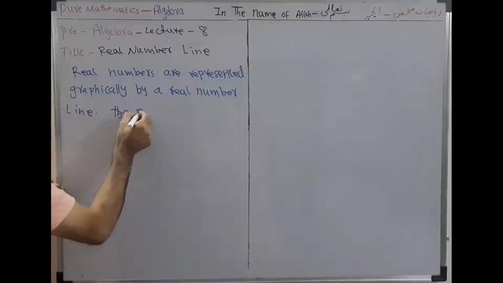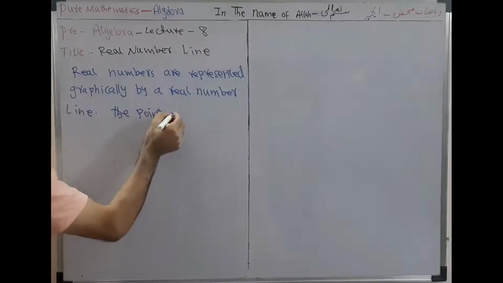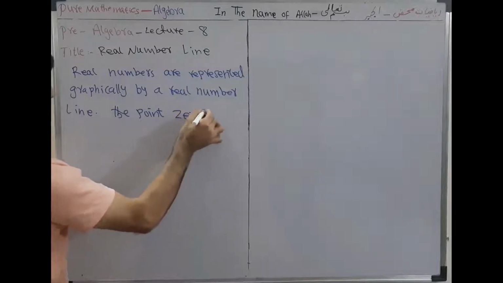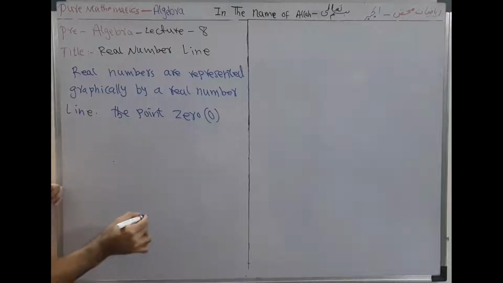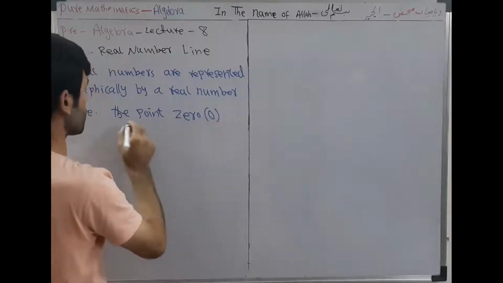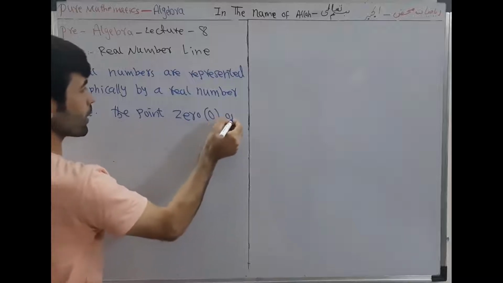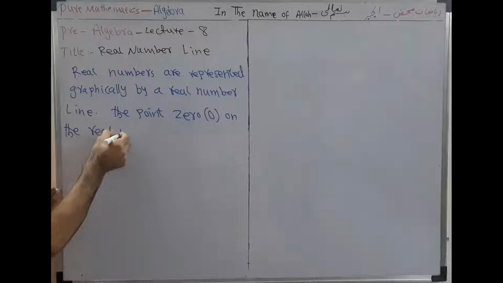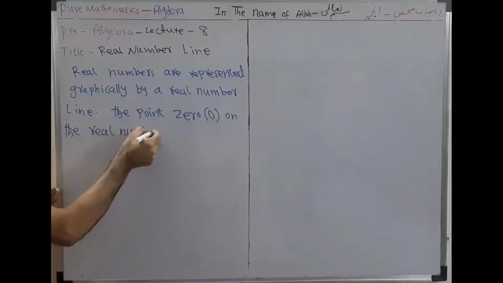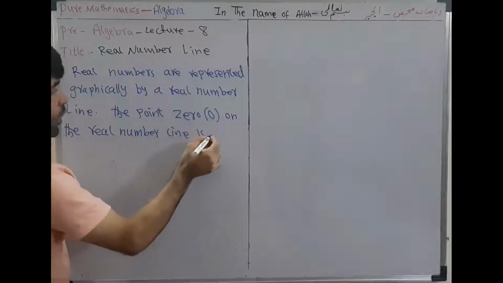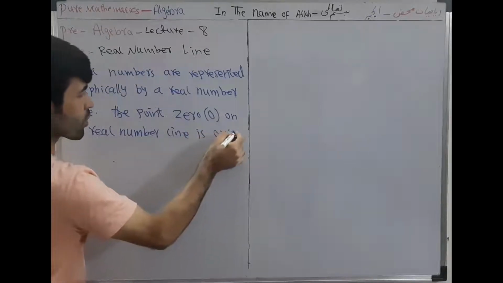The point 0 on the real number line is the origin.